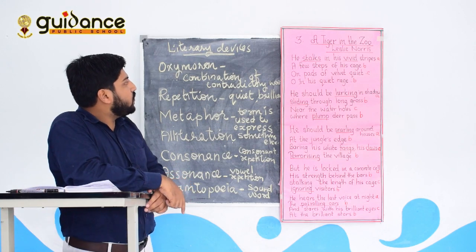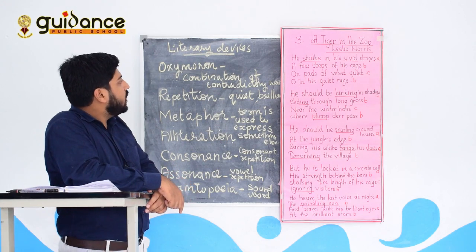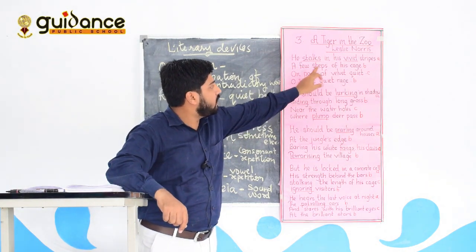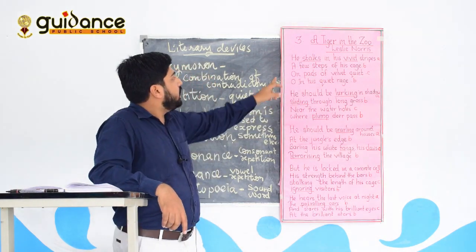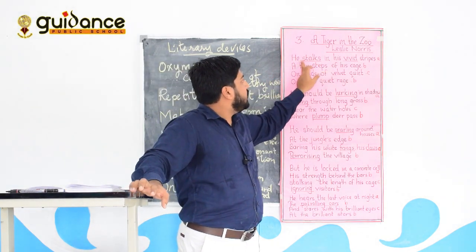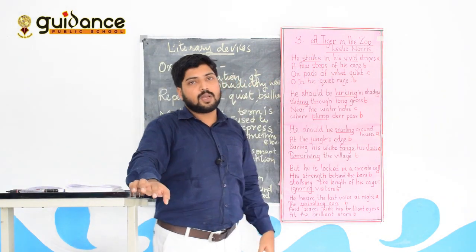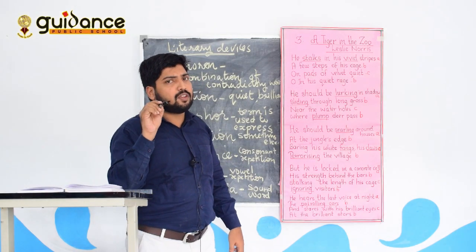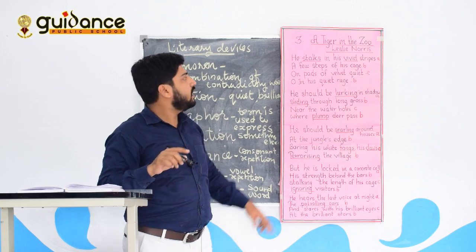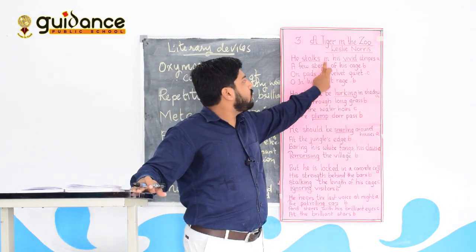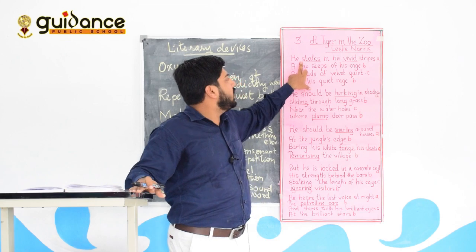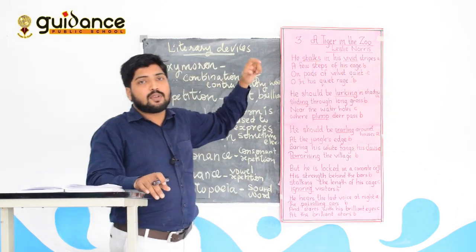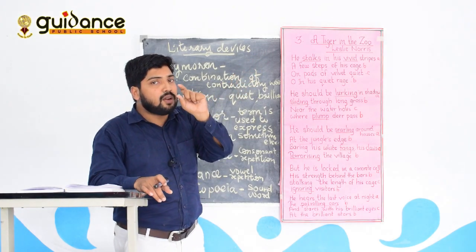First, look at the first stanza of the poem. Look at the first line, "he stalks in his vivid stripes." Have you seen any peculiarity in this line? The sound 's' is repeated many times. Is 's' a vowel or consonant? Consonant.